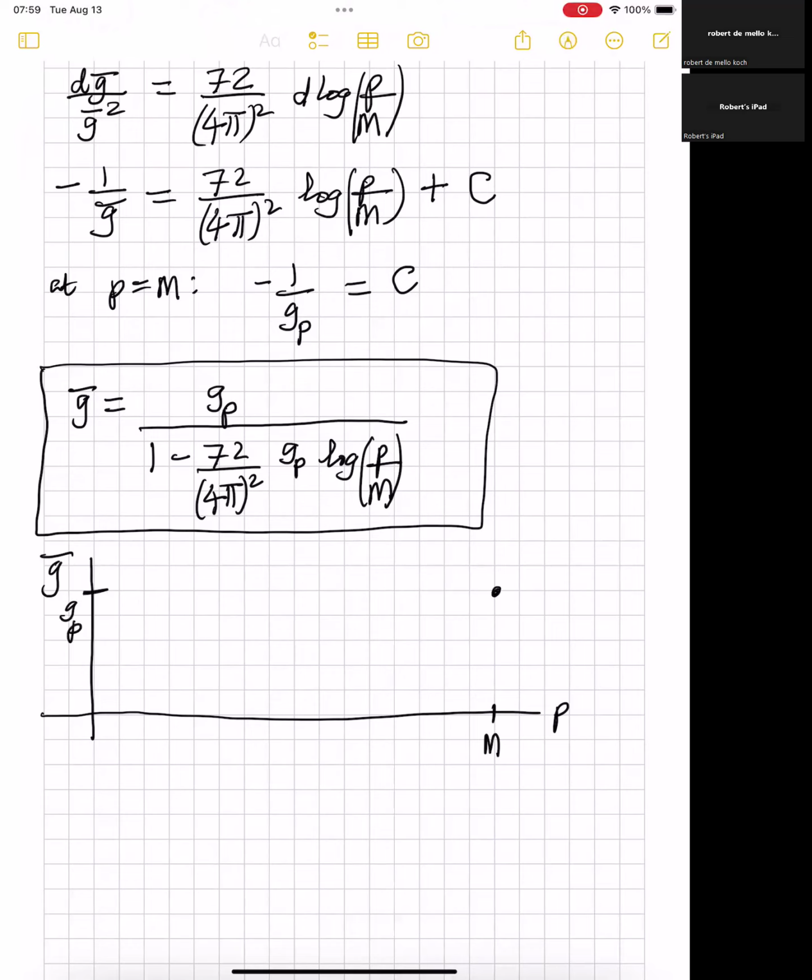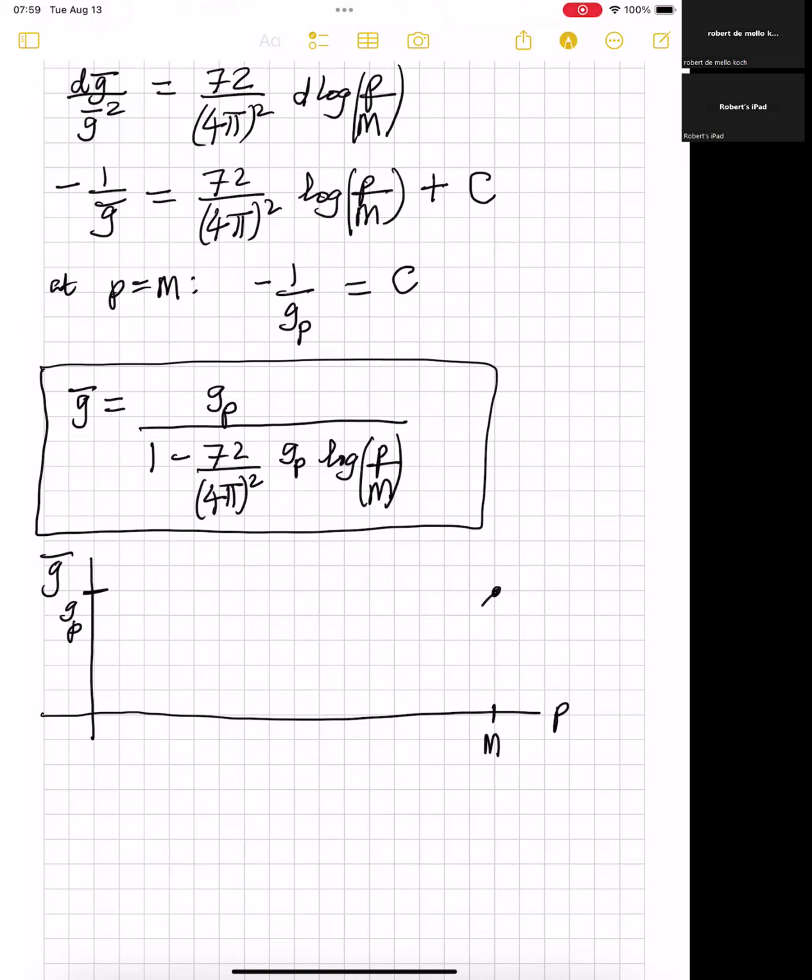As we flow to scales less than M, P over M will be less than 1, so the log of P over M is negative. Multiplied by the minus sign up front means we have a positive number, so we have GP over 1 plus a positive number. So GP is getting smaller. As P flows towards 0, log P over M is a very large negative number, and G bar starts to flow towards 0.